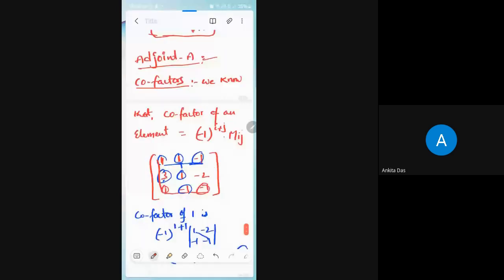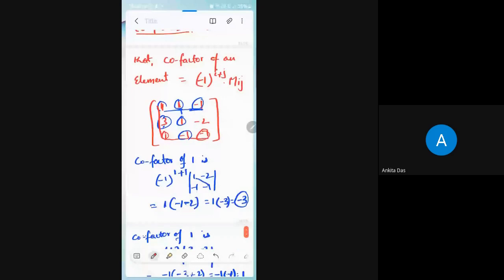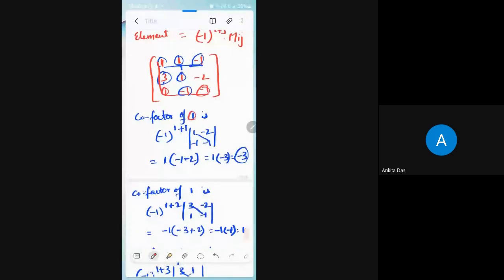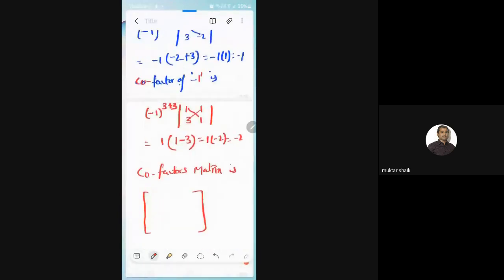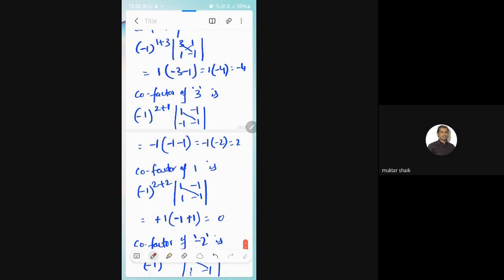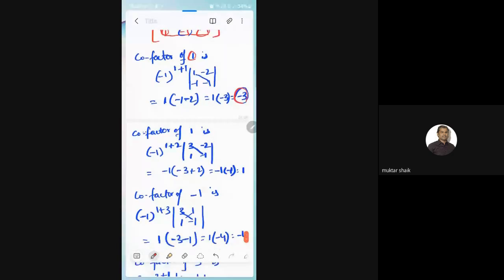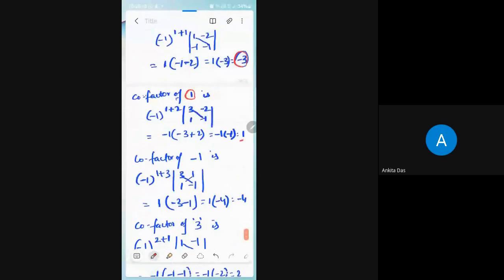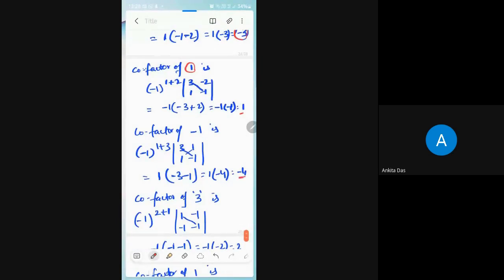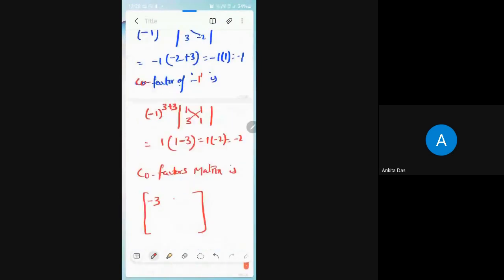So if you see the first element, minus 3, its cofactor is minus 3. In the first place, we need to write minus 3. The cofactor of the second element is 1, and the third is minus 4. That means second place 1, third place minus 4. Do you understand? Tell me the cofactor for the fourth element: 2, 0, minus 2.